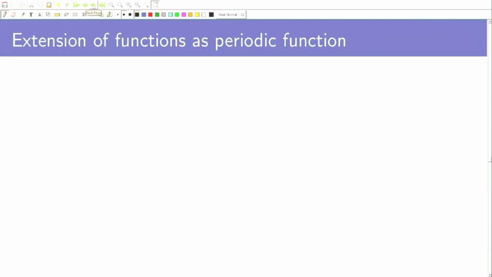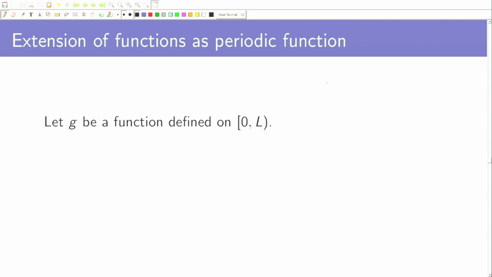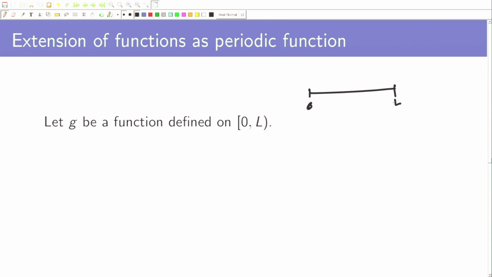So, now given a function, how are we going to extend that to get the L periodic function? Suppose I have a function which is defined on 0 to L. Pictorially, we are saying that to get the L periodic function defined throughout R, whatever the picture of g in 0 to L, we just take that picture and paste it at L to 2L, then 2L to 3L, minus L to 0, minus 2L to minus L, like this.